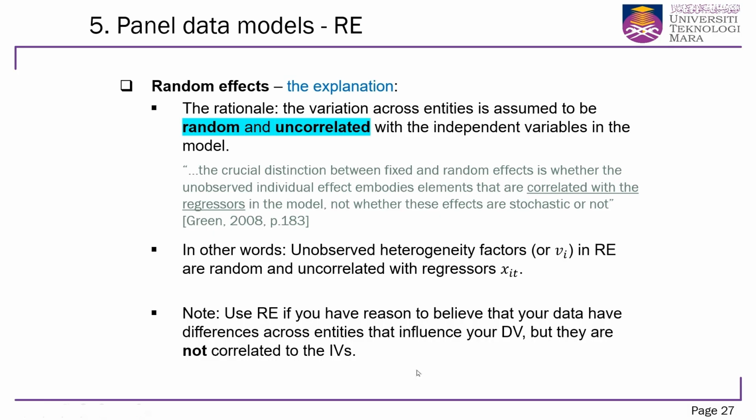This is equivalent to the individual invariant factor that we discussed earlier, like international agreements, national policies, or macroeconomic factors that exist in some periods within the sample data and are applicable to all countries in those particular periods.